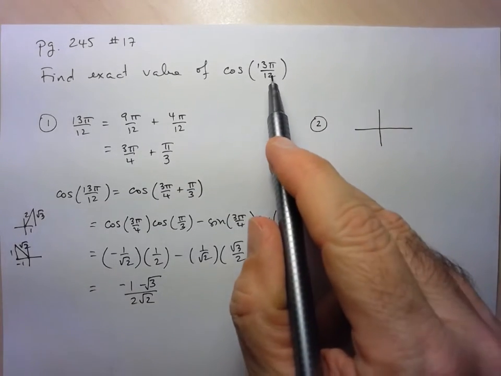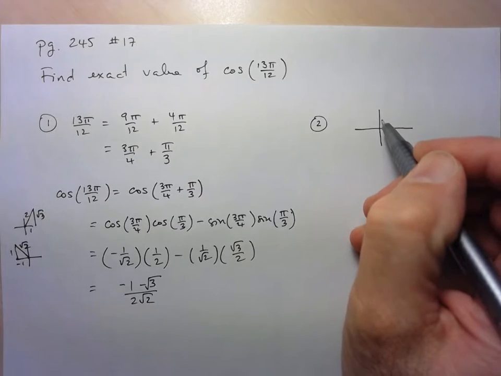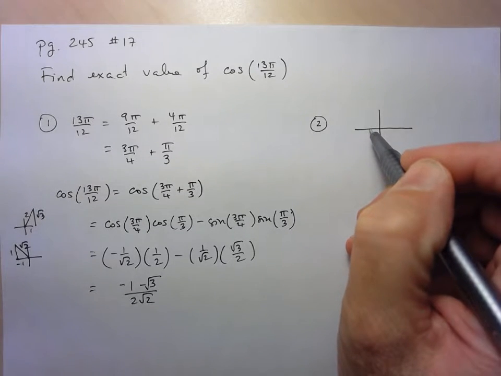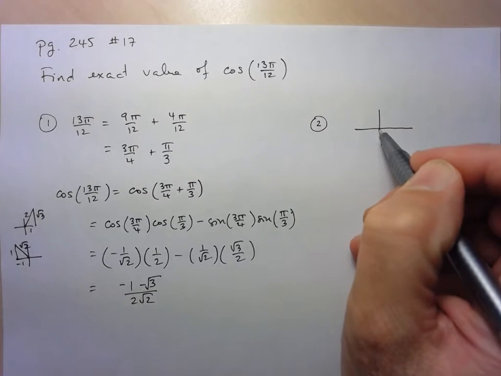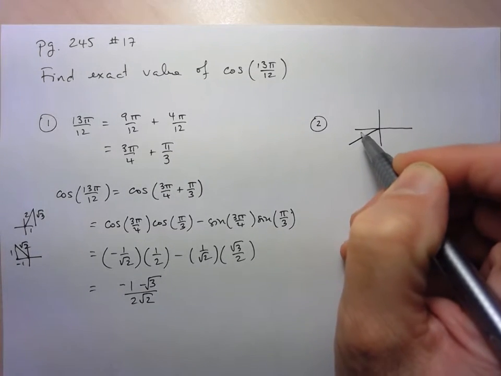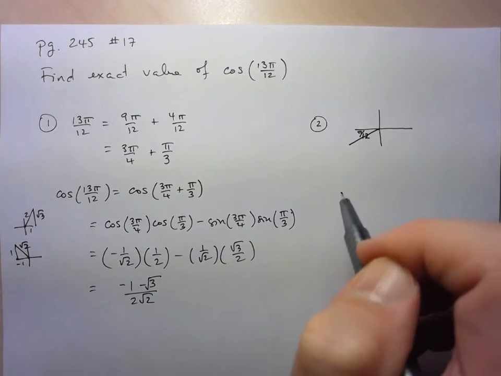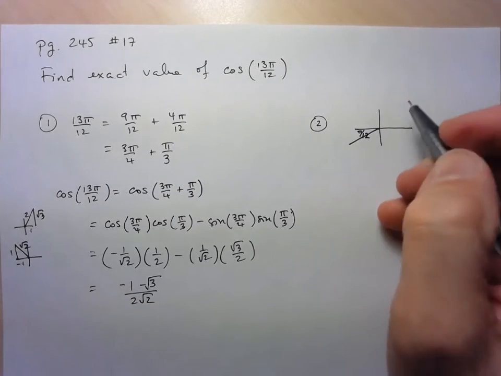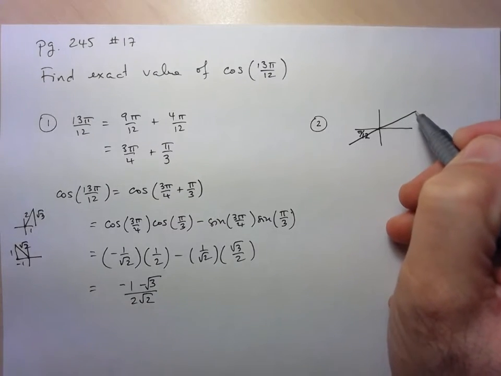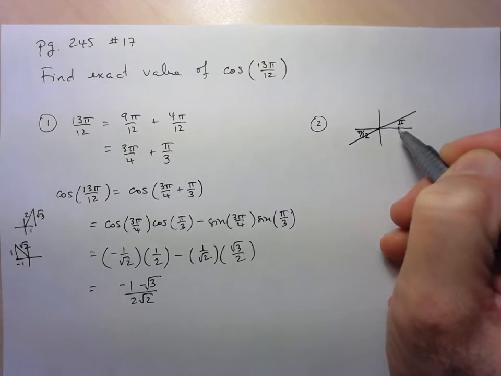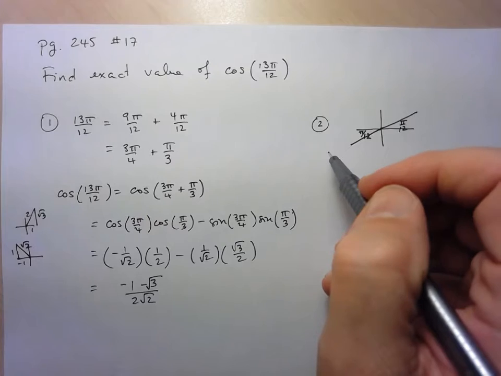So let's take a look. 13 pi over 12. Well, if I go 12 pi over 12, that brings me to pi. So 13 pi over 12 is just going to be an extra little pi over 12. So the related acute angle is going to be pi over 12. I can relate it to this angle in the first quadrant of pi over 12. And what do I know?